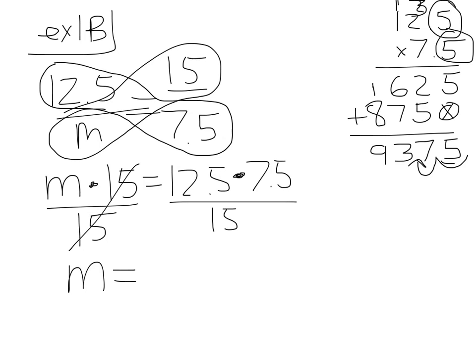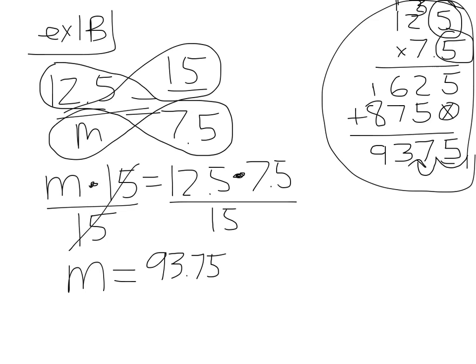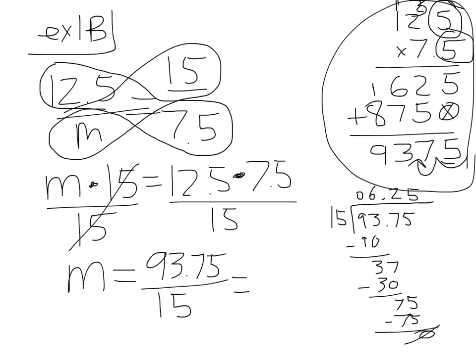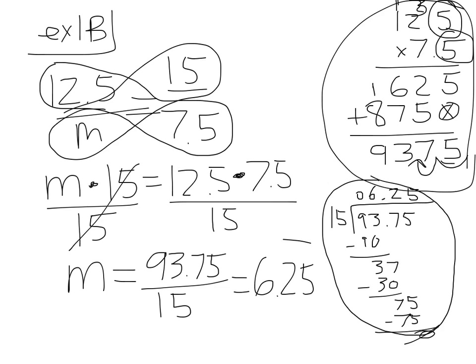After multiplying 12.5 times 7.5, I came up with 93.75, and I still need to divide that by 15 to get my final answer. After this division, you can see that m equals 6.25. So that is example 1B.